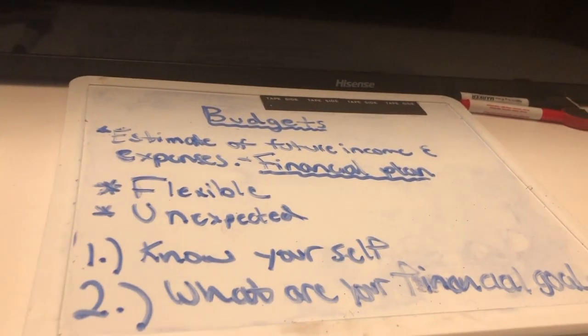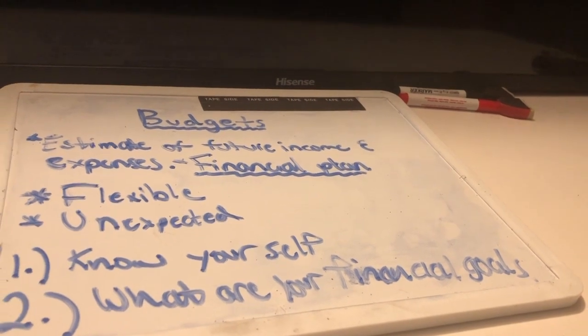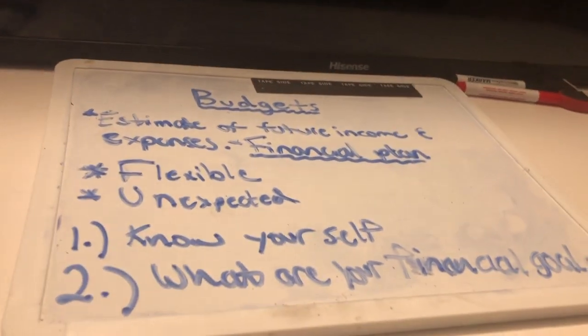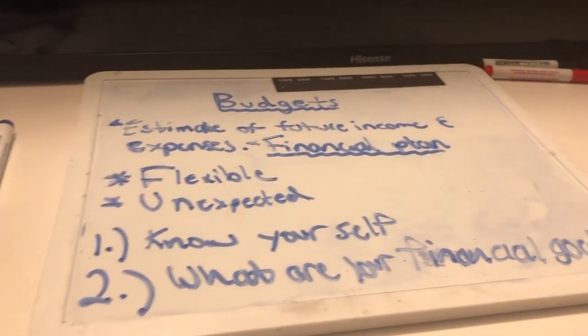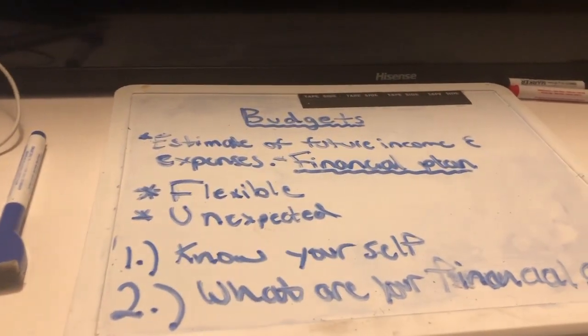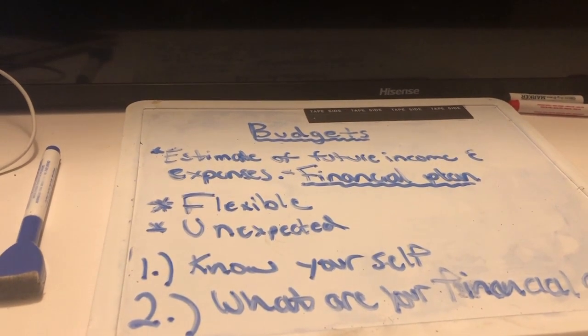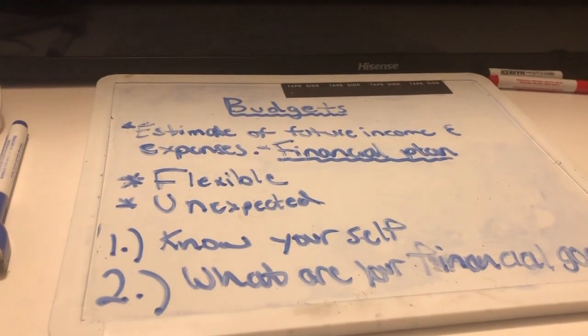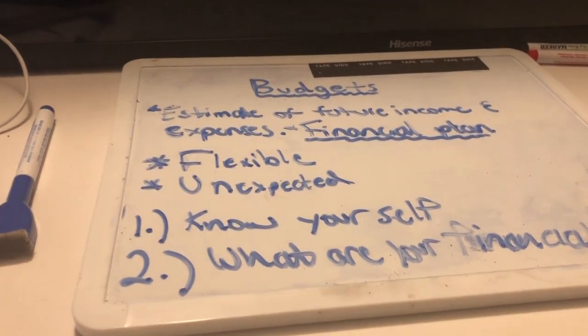So to me, a budget basically means the estimate of your future income and expenses: how much you make and how much you're spending. It's almost like a financial plan for the future. But you're estimating. You're saying, maybe I'm spending $100 a month on this, or $50 on this.